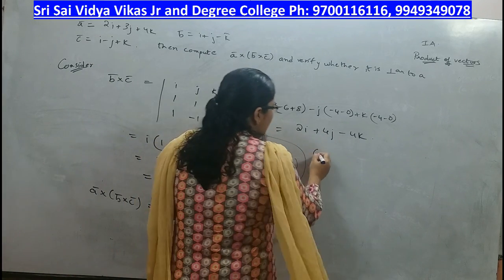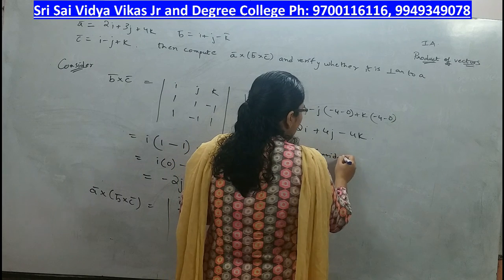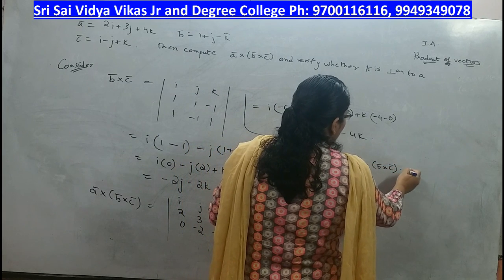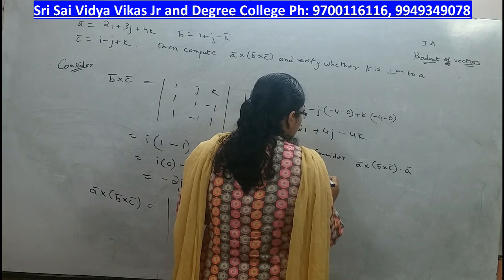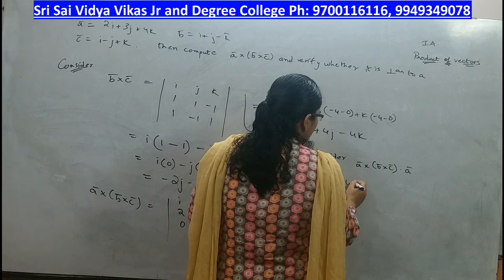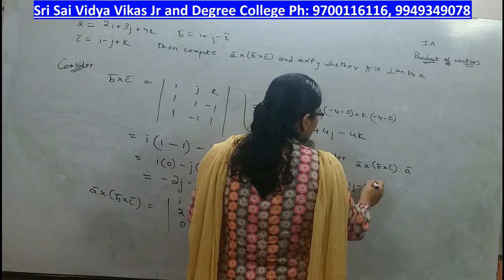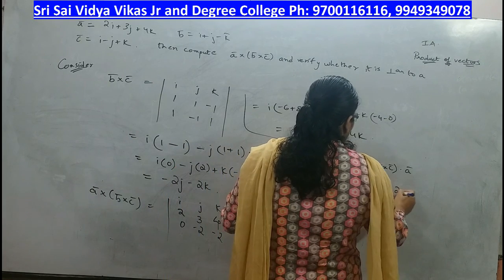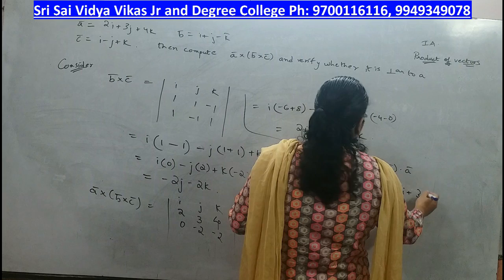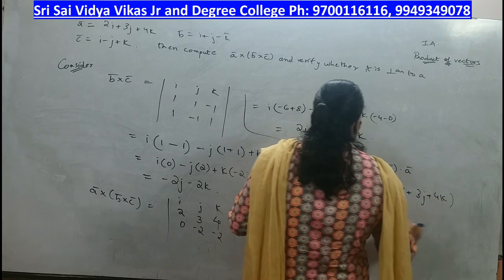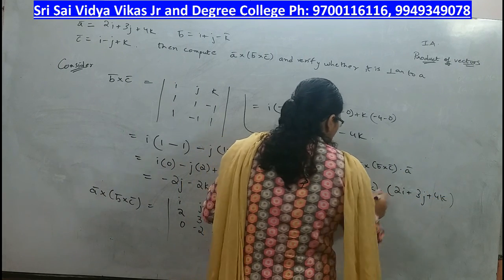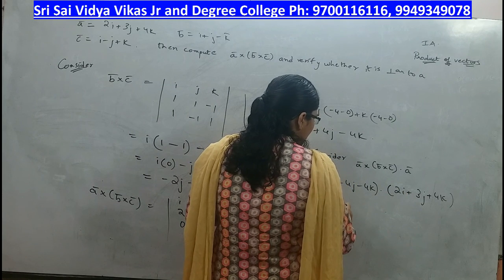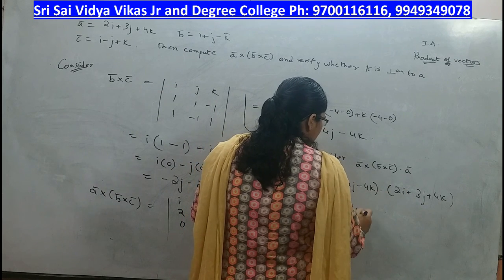Now you consider a bar cross b bar cross c bar dot a bar, that is 2i plus 4j minus 4k dot a bar. A bar is 2i plus 3j plus 4k. Now this is nothing but 2 into 2 is 4, 4 into 3 is 12, minus 4 into 4 is minus 16.